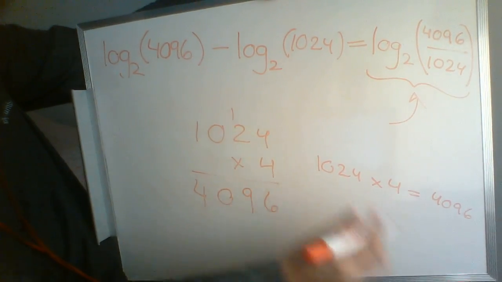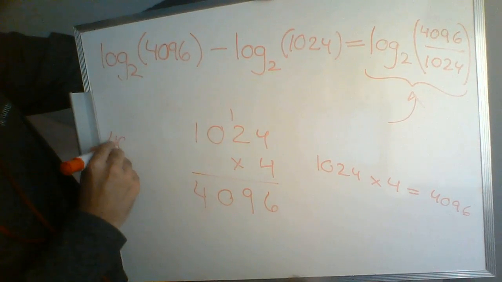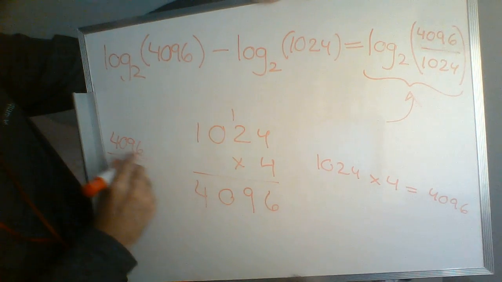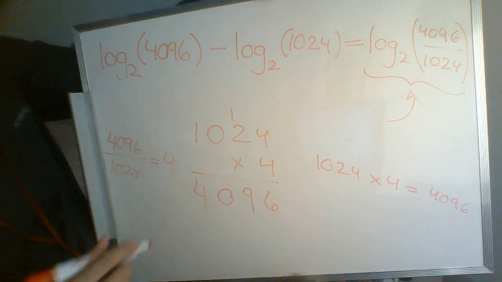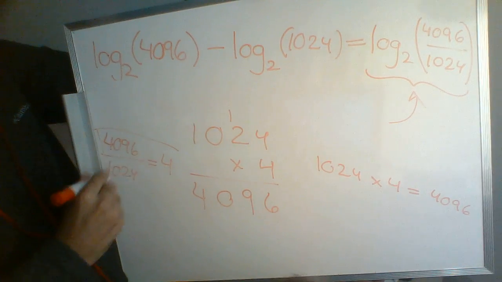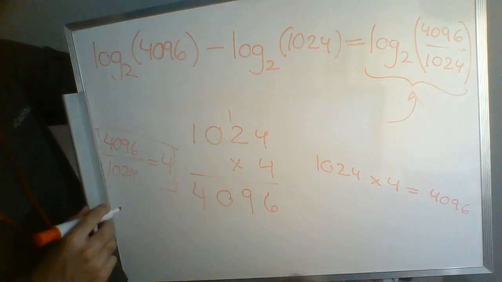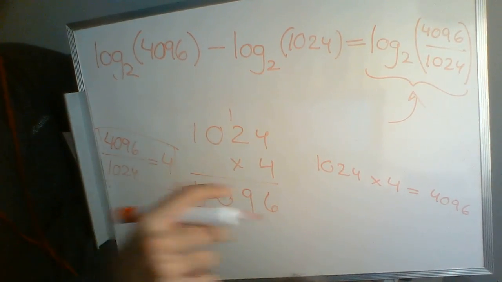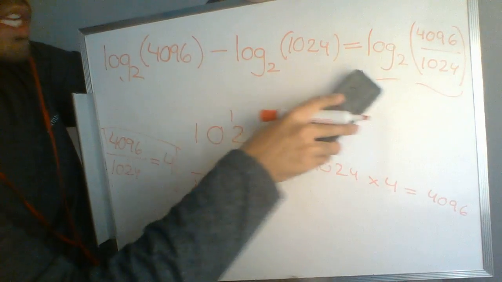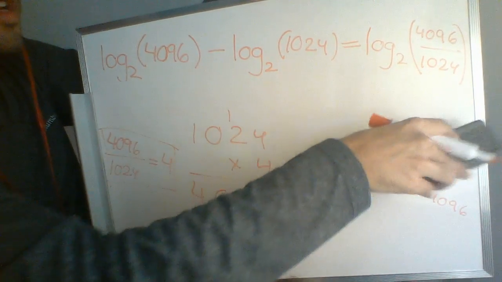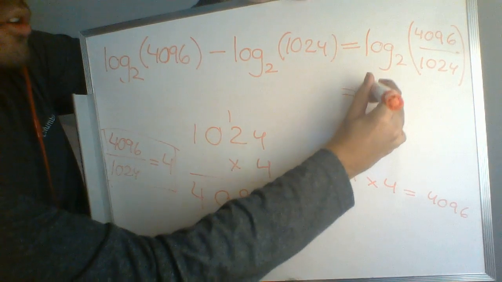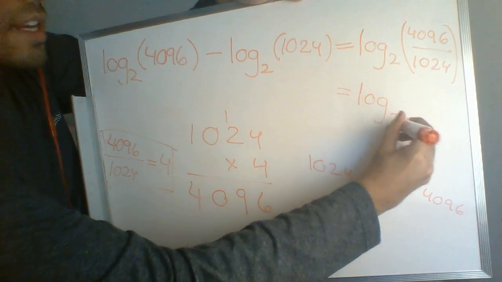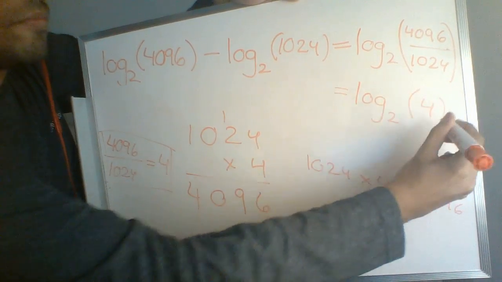So that also tells us, by extension, that 4,096 divided by 1,024 is equal to 4. So this is the crucial piece of information that we need to solve the problem from here, because now we can reduce that fraction. That's 4,096 divided by 1,024, which comes out to exactly 4.